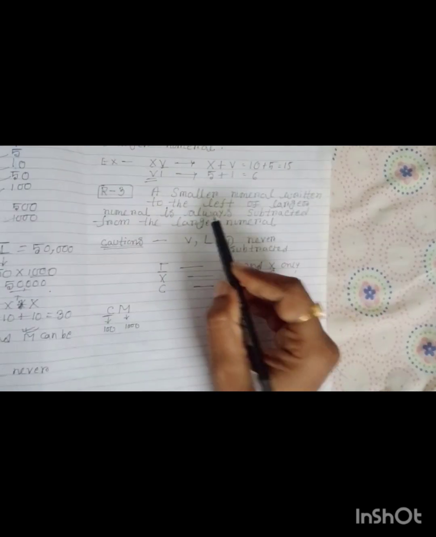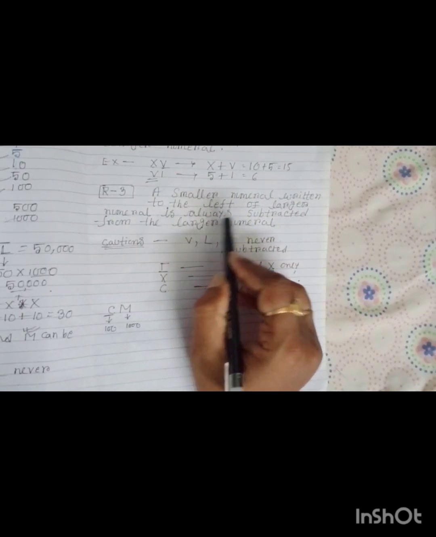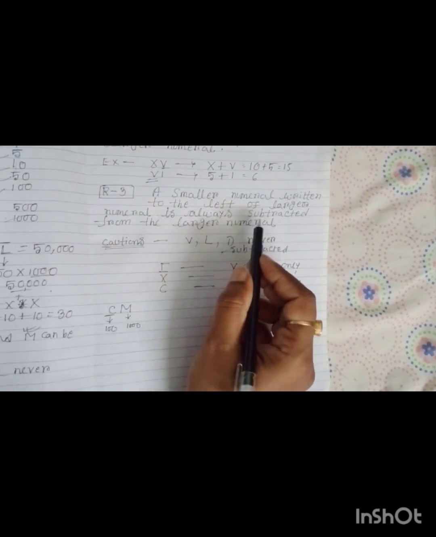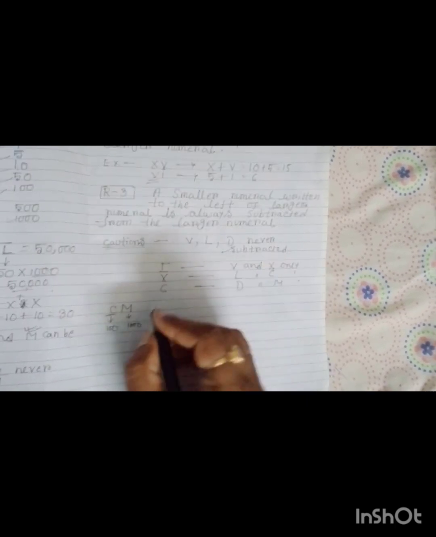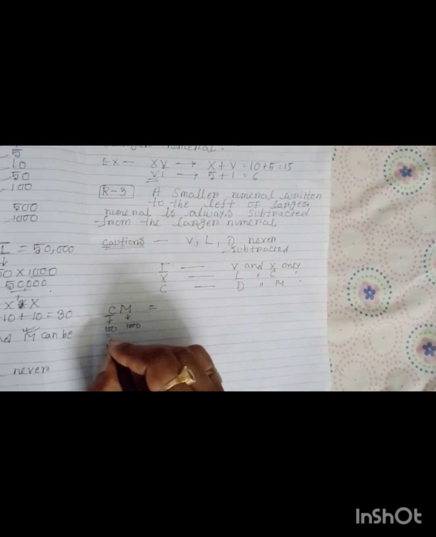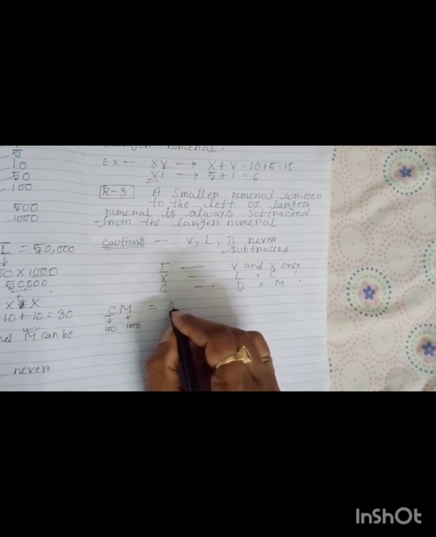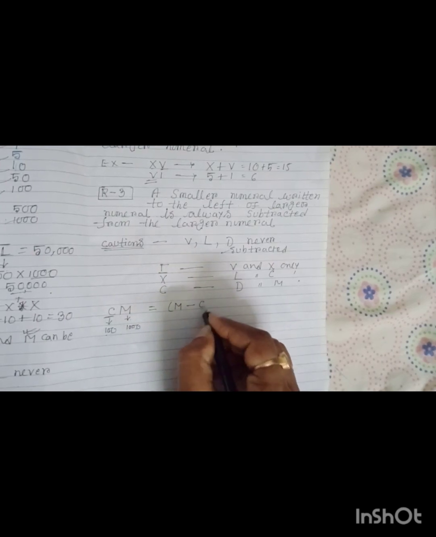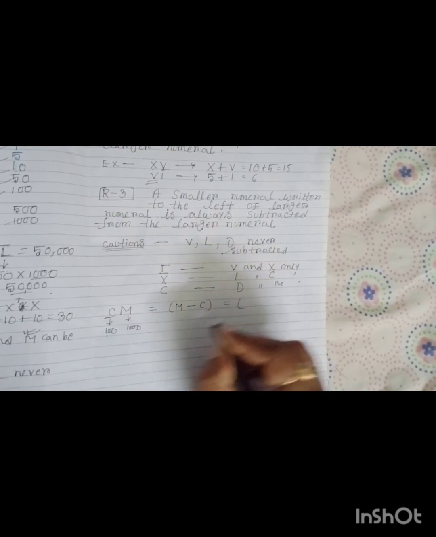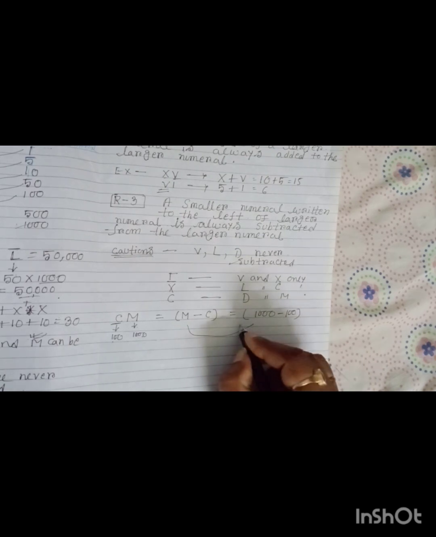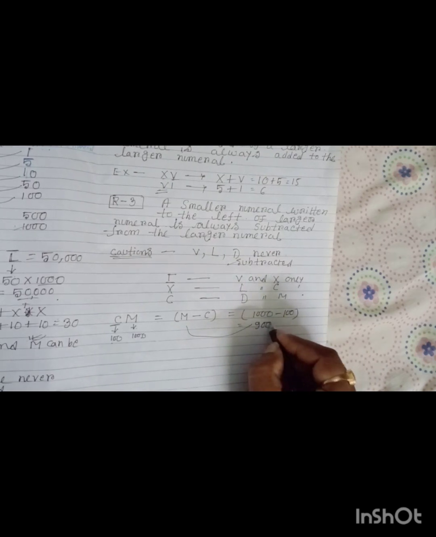So the rule says a smaller numeral written to the left of a larger numeral is always subtracted from the larger numeral. So we have to subtract 100 from 1000, that means M minus C, 1000 minus 100. So the difference will be 900.